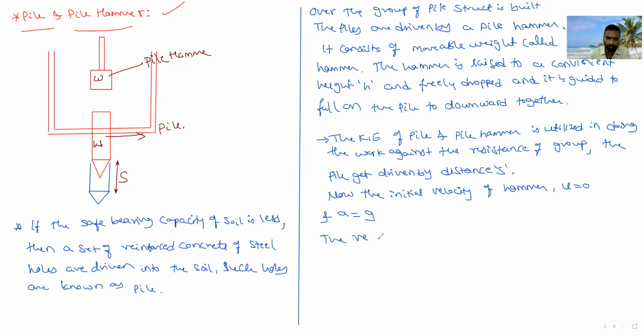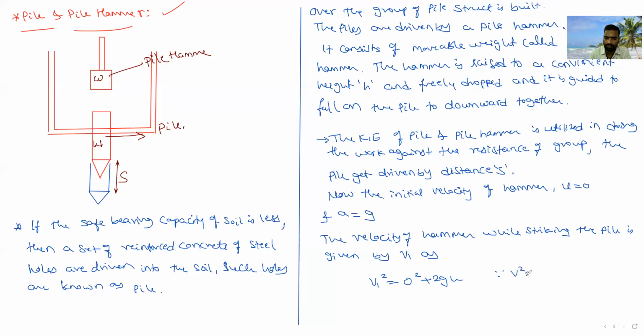The velocity of the hammer while striking the pile is given by v1, as v1 square is equal to 0 square plus 2gh, because we know v square is equal to u square plus 2ah.